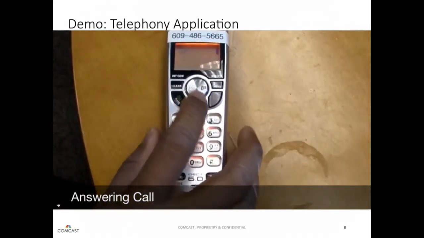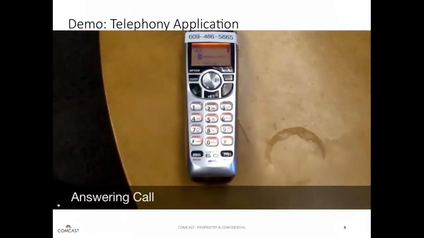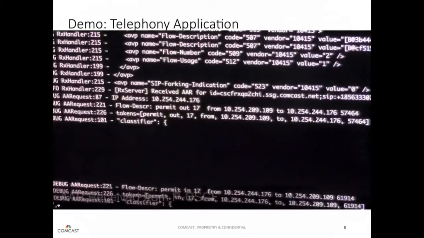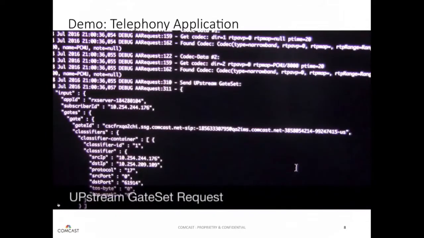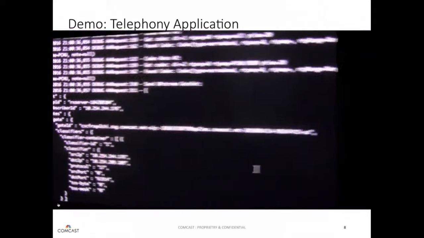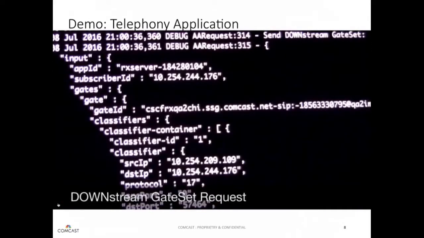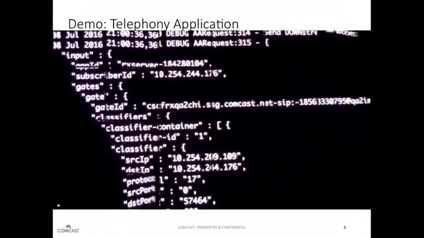In the background, on the PCMM server, you will see the logs showing that the AAR was generated by the P-CSCF, which triggers two gate set requests, one upstream and one downstream, to the CMTS with all their parameters.